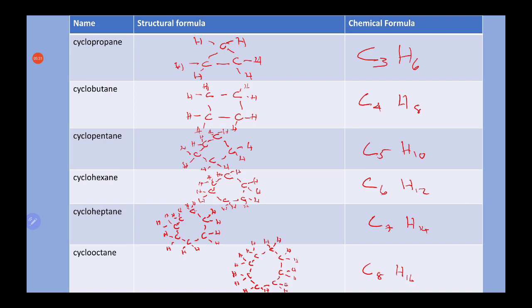So this highlights a bit of an issue with chemical formula only. If you were just given a chemical formula, there's no way for you to know on paper whether you're talking about an alkene or a cycloalkane, because they both have the same chemical formula. They've both got 3 carbons and 6 hydrogens, for example.